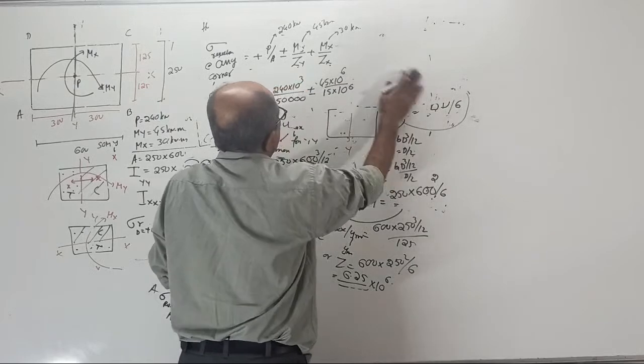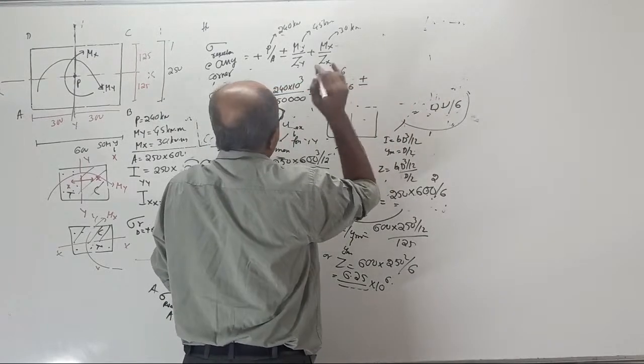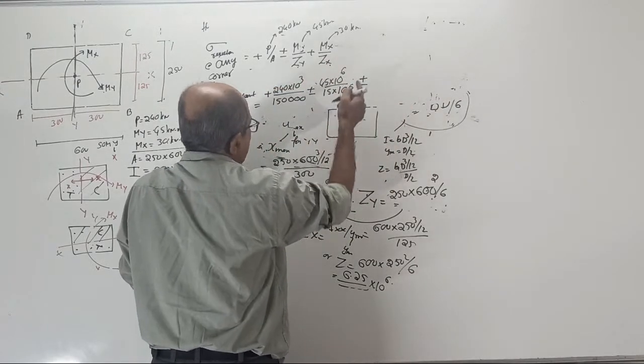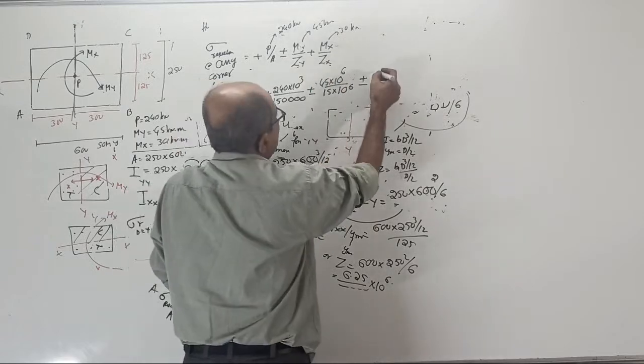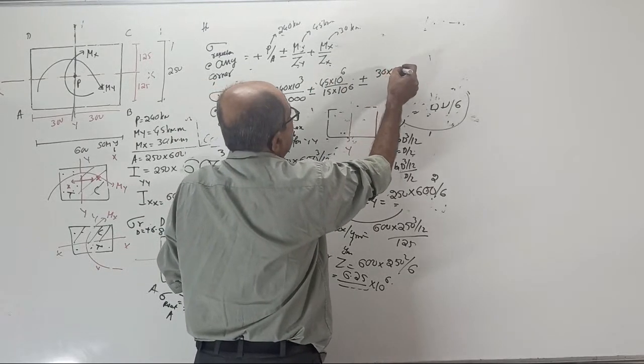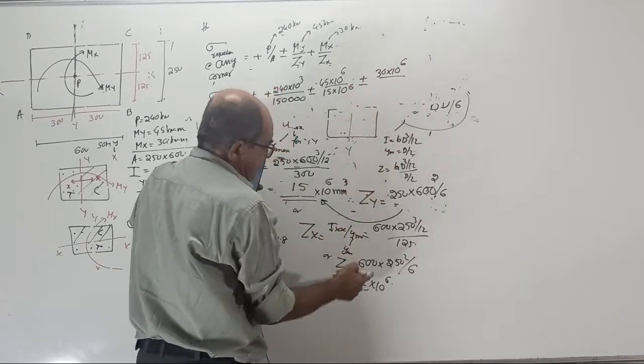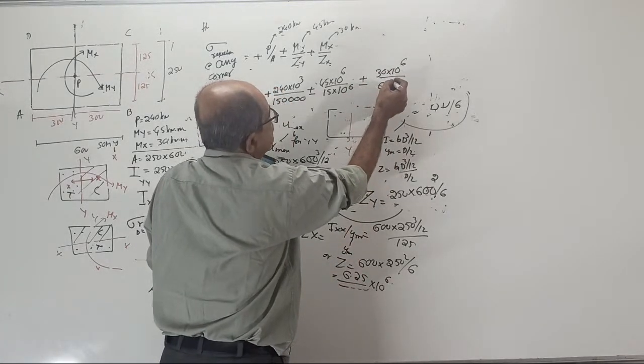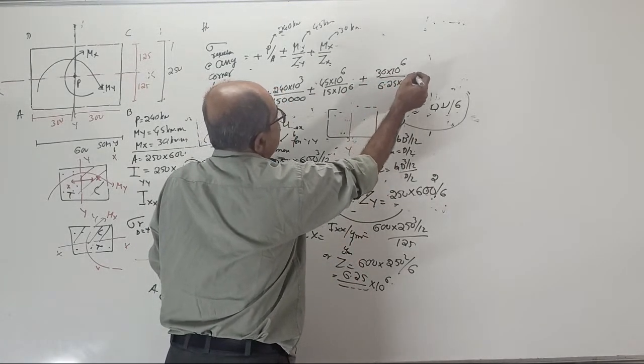Lastly, plus or minus moment about X axis, that is 30 10 to the power 6 divided by Z about X axis 6.25 10 to the power 6.